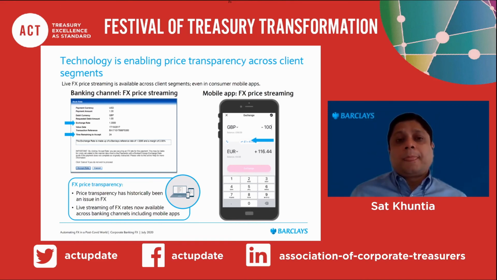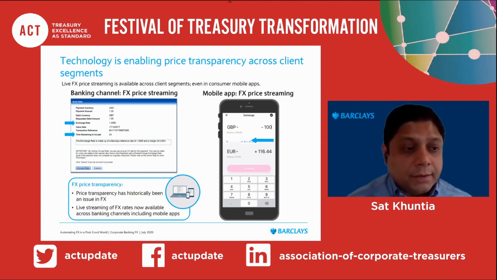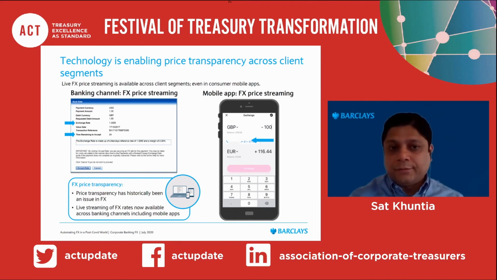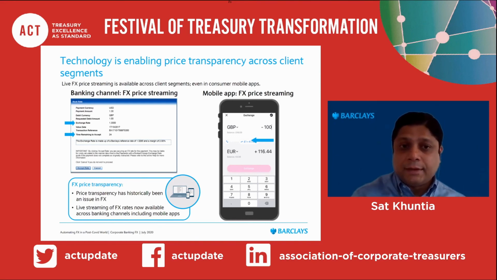So we've effectively removed the volatility risk on this particular channel for our clients. And that was hugely beneficial to a number of clients, particularly those clients who are making payments in the emerging market currencies. But to answer this question, I guess the maximum transparency we can bring is essentially by surfacing these rates, by streaming these rates on channels that we can.